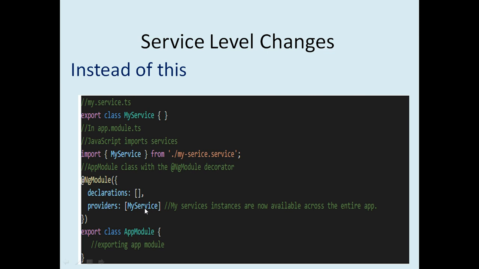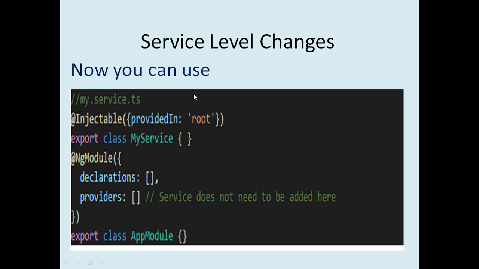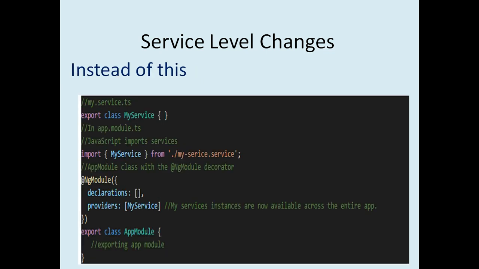Here in the providers array we mention MyService, the service name. This is Angular 6 code. Here we no need to mention the service in the providers array. Obviously this saves some lines of code as compared to the previous code.